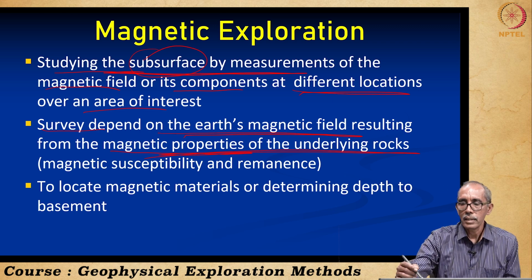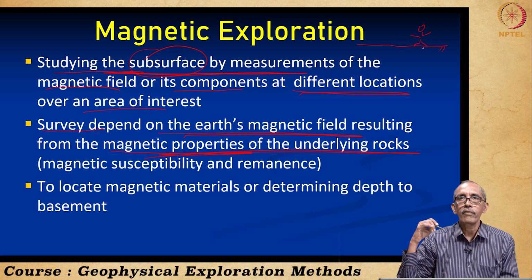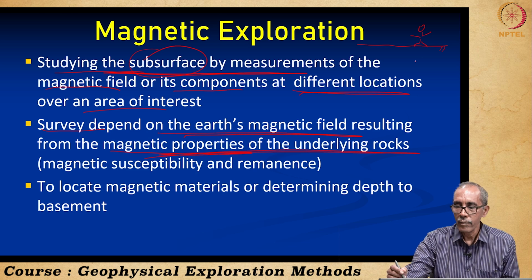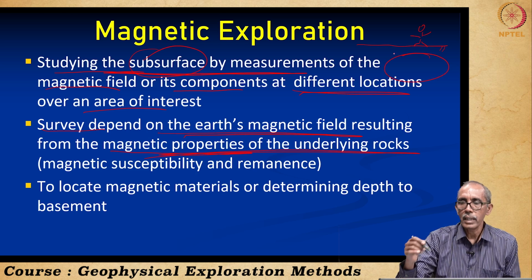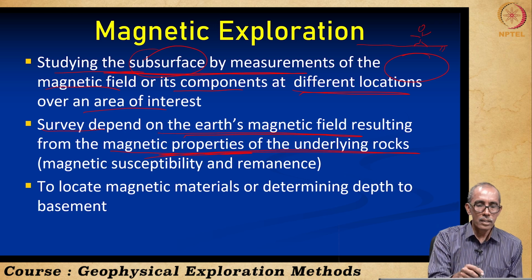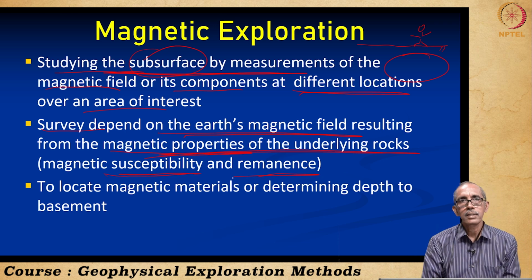Imagine you are standing at the surface and making a measurement of the Earth's magnetic field. The magnetic field which you measure is a result of the Earth's magnetic field as well as the magnetic properties of the material present just beneath you. What are the properties? One is susceptibility and the other is remanence.